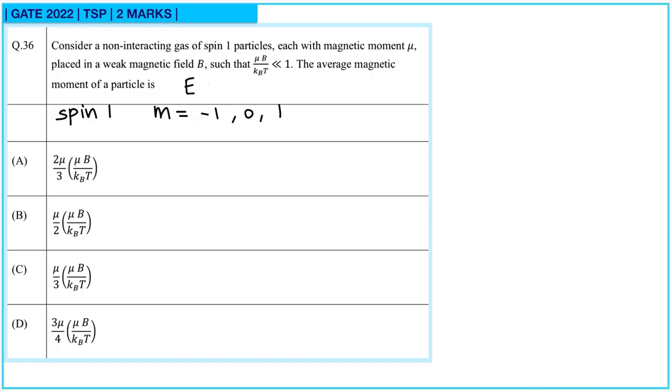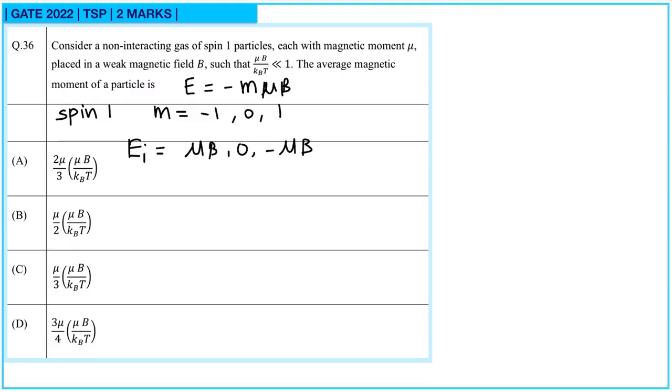And we know energy is equal to minus m μB. So the possible energies are, if it is minus 1, then this will be plus μB. So we have μB, then 0 and minus μB.